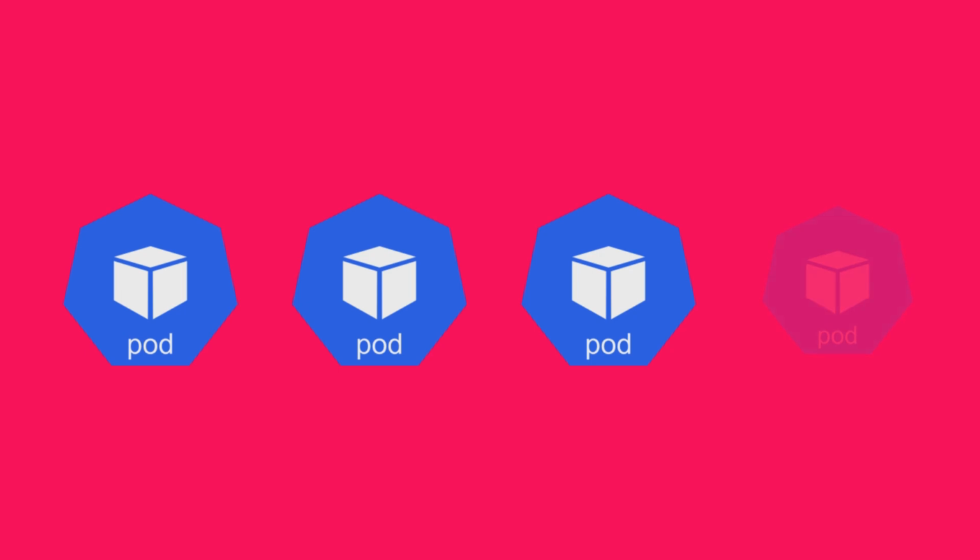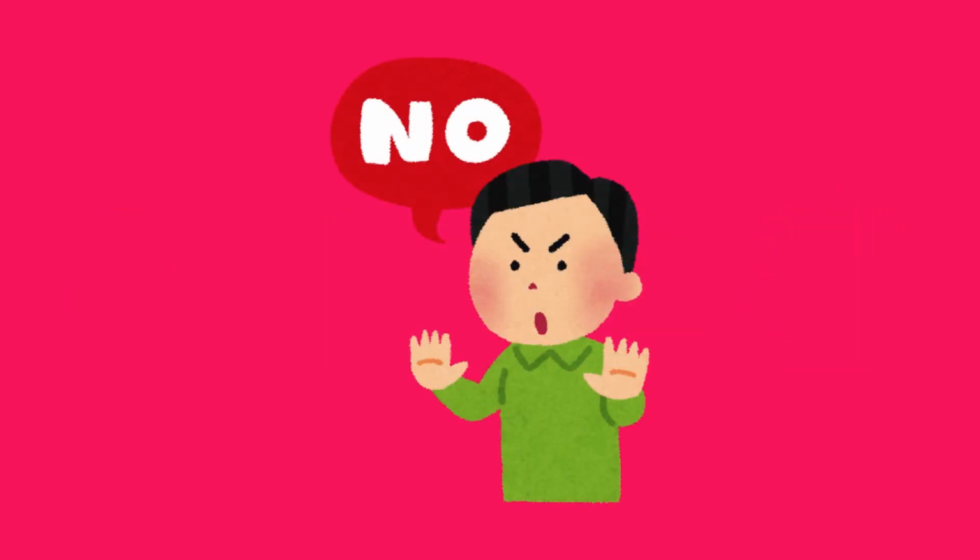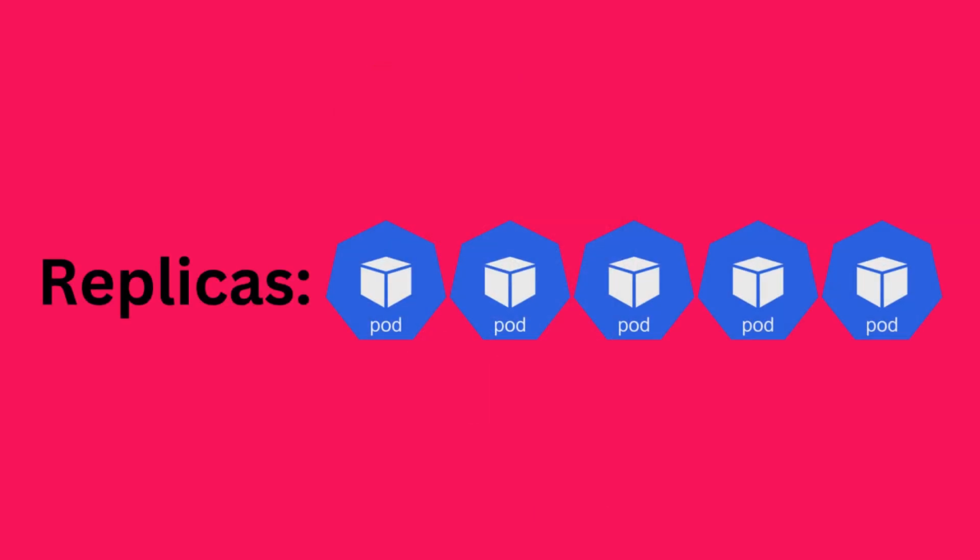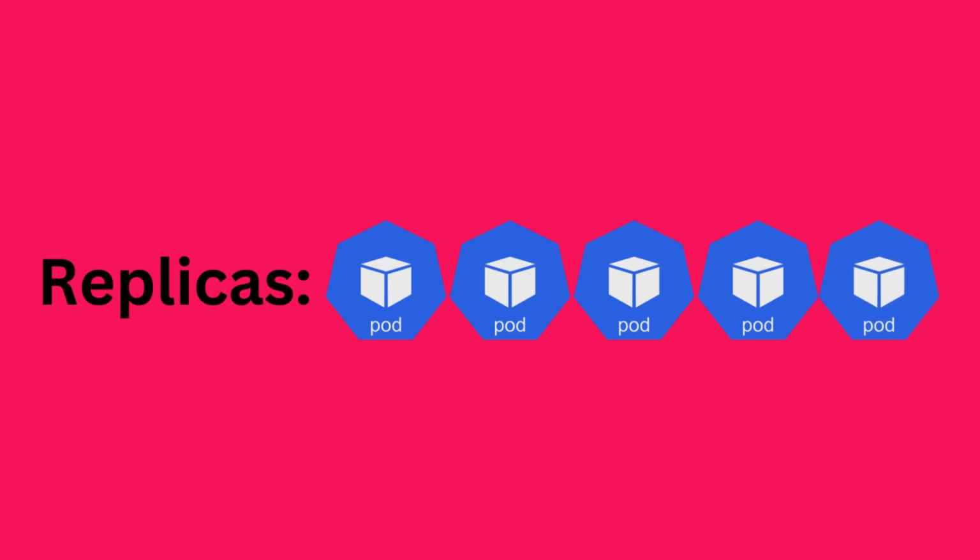For example, if a pod is deleted, the replica set detects the discrepancy. Suppose we have a replica set of 5, that means we need 5 pods at any given point of time. And now one is deleted or terminated, the replica set will take action and will launch a new pod to match the desired count.